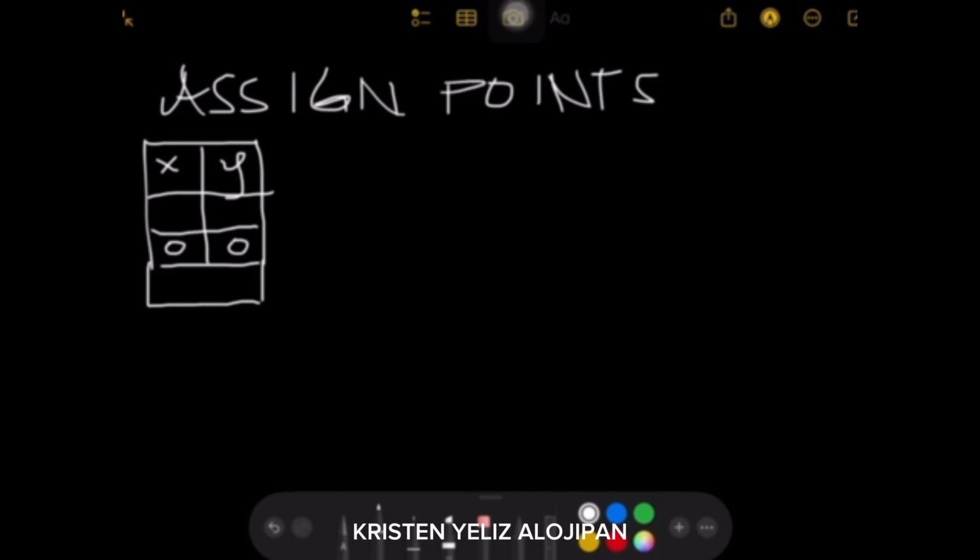Okay, so now we're going to assign points to be able to graph it after this. Let's assign values that are near 0, because this is already a point that we solved earlier. So let's do 1 and negative 1.